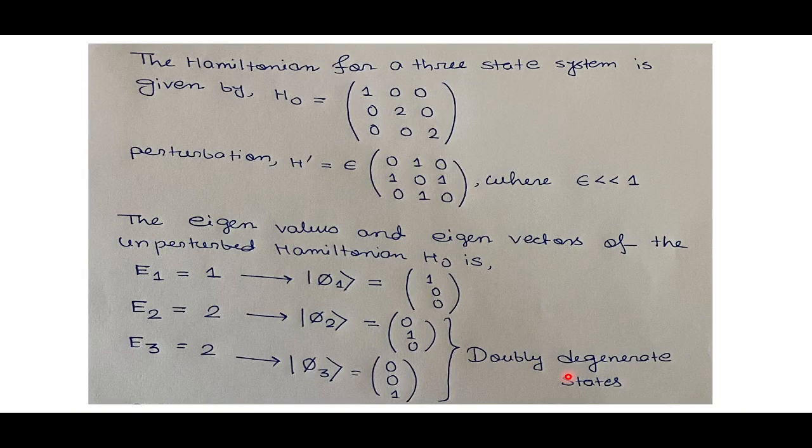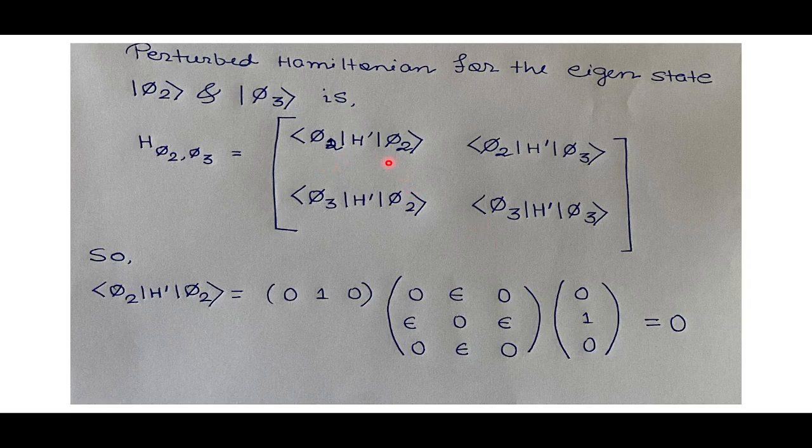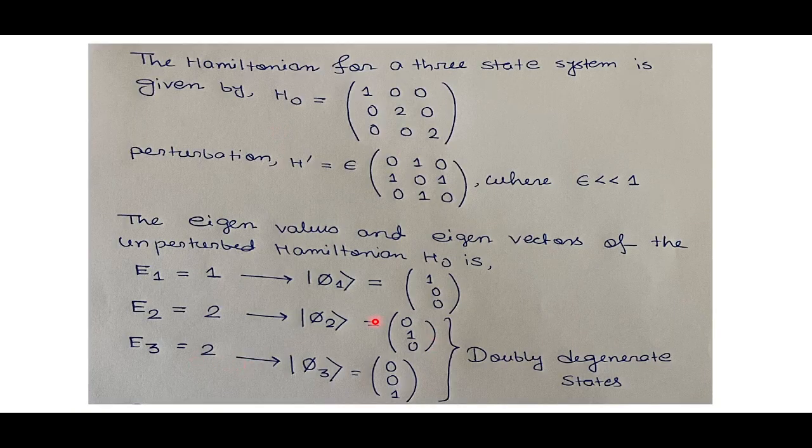Basically, each term is a matrix element, and the general way we get it is through the correction term. We will now deal with the two states phi 2 and phi 3, because these are the degenerate states having eigenvalue 2, and the question asks for the shift in the energy eigenvalue 2, not 1. So we will deal with these two states only.